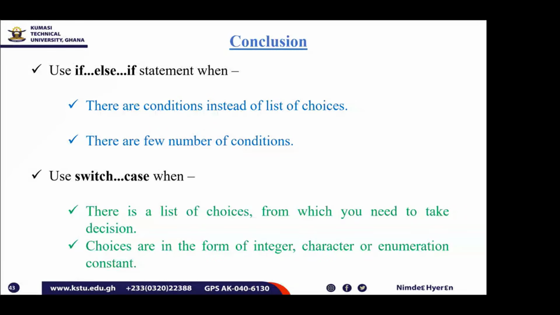So in today's class, we have looked at an introduction of all these three categories, and we have gone into details to explain the decision statements. In our next class, we will look at the looping statements and the jumping statements. So this brings us to the end of today's class.